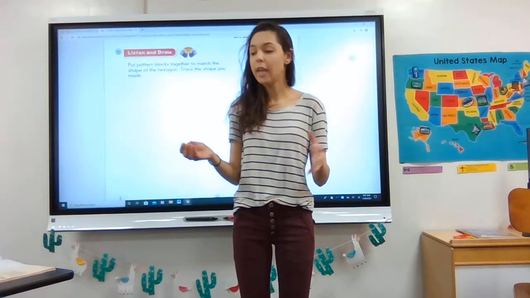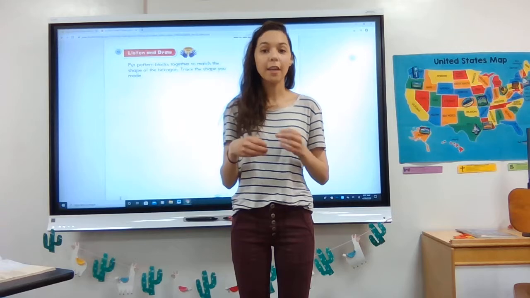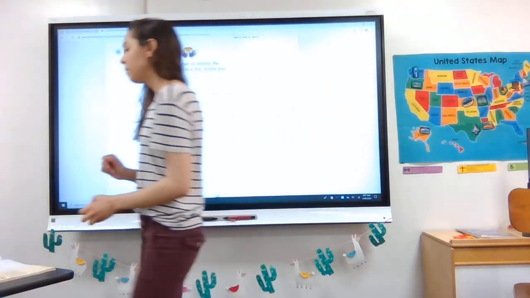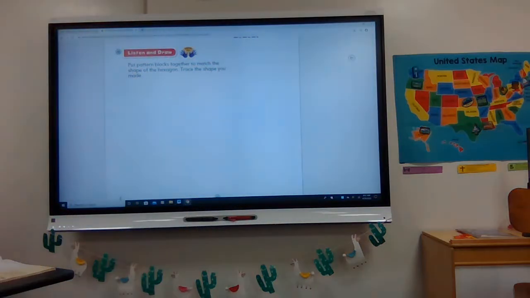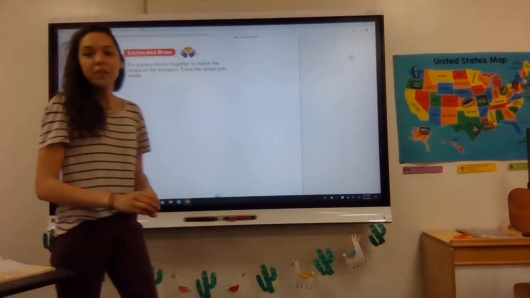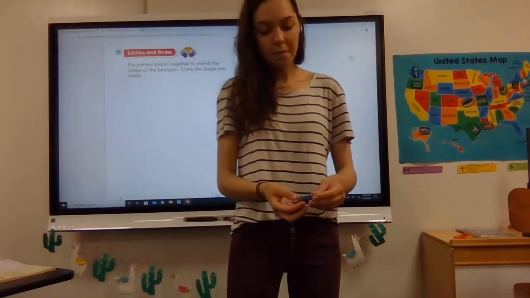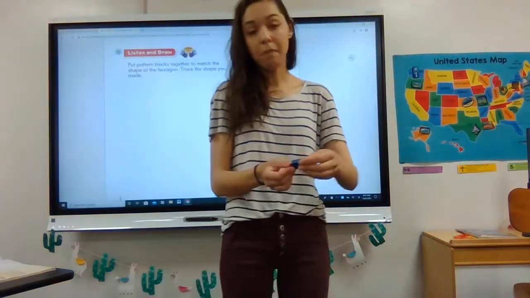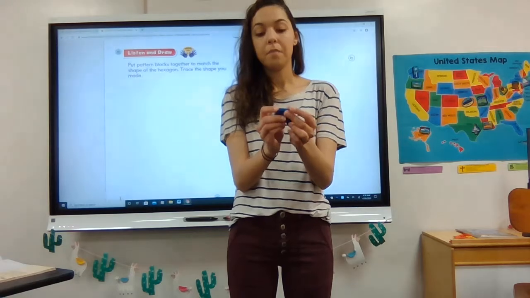6. So you want to use your shape tiles and put them together and see which shapes you can put together to make this. So pause, go ahead and do that. So if I were putting them together, I could take these blue ones, for example. You might have done different ones.